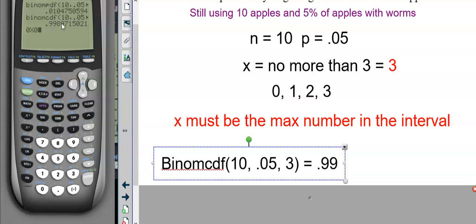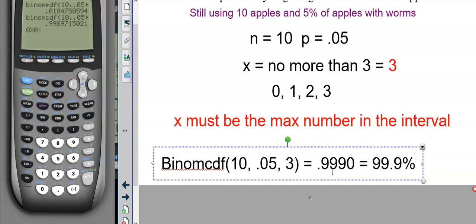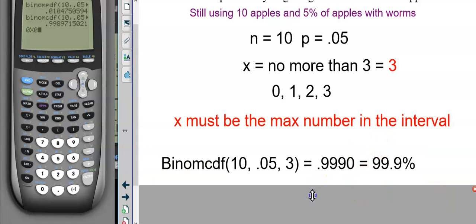So technically, we're at 0.9990, which is 99.9%. Not zeros. Whatever. All right, so we get that. That's really cool.